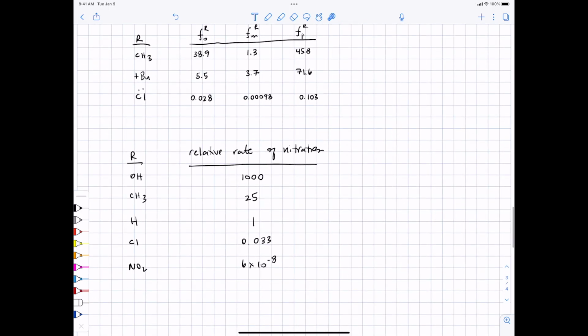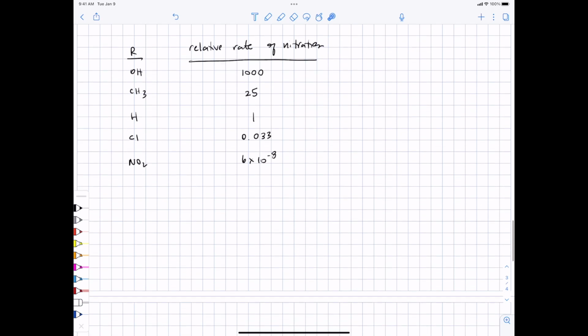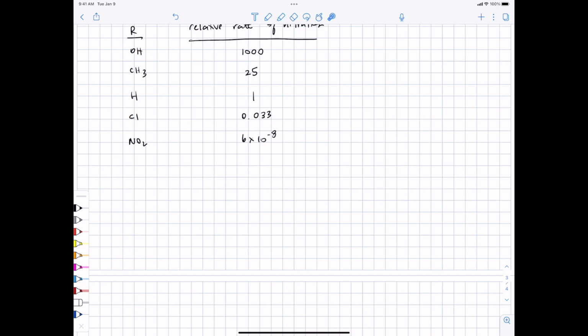You have to be somewhat careful at interpreting these results and applying them to other situations. What I'll say is that for phenol, the rate of the reaction for electrophilic aromatic substitution is faster.